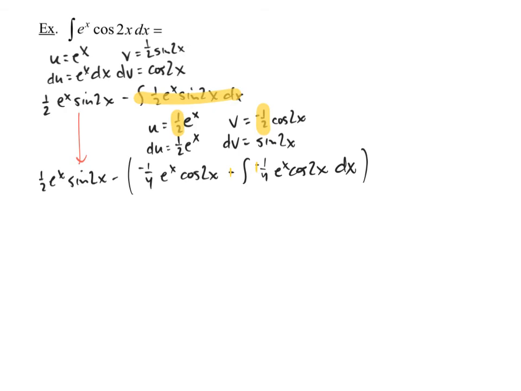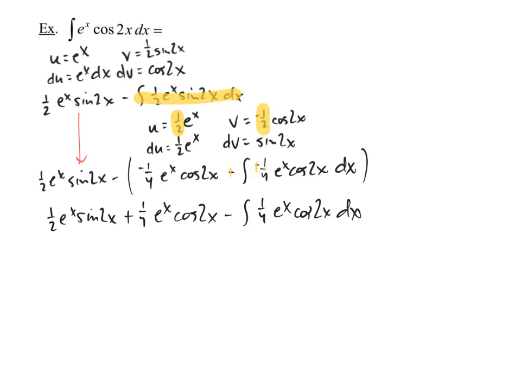And so this is going to say 1/2 e to the x sine of 2x plus 1/4 e to the x cosine of 2x, and then minus the integral of 1/4 e to the x cosine of 2x dx.